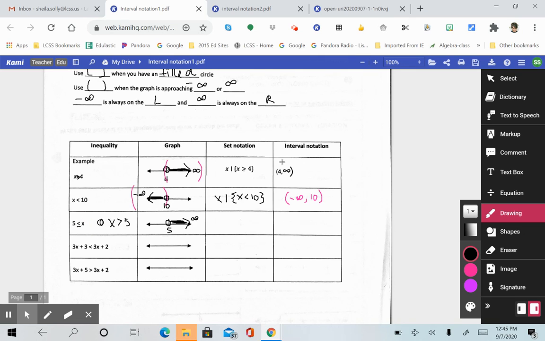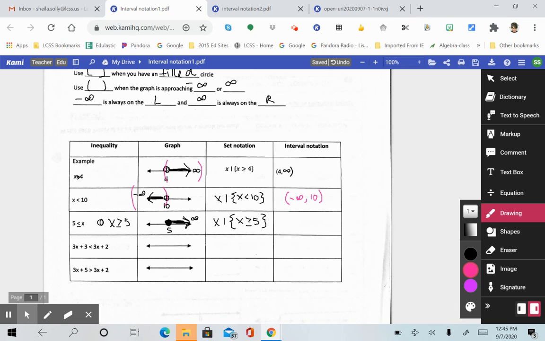Let's make this an equal to underneath here because I want you to put a filled circle here and then shading to the right. Our set notation is x such that x is in the set of x is greater than or equal to 5. All of the numbers that are greater than or equal to 5.